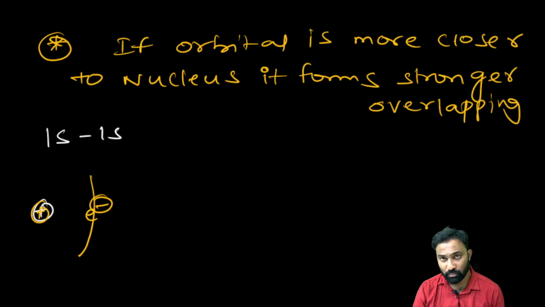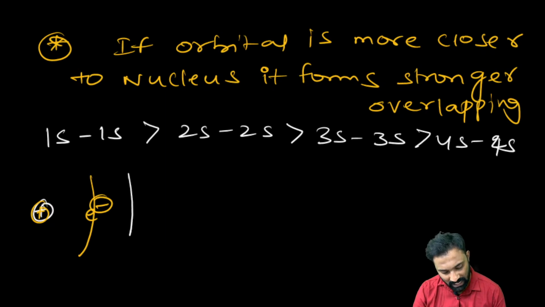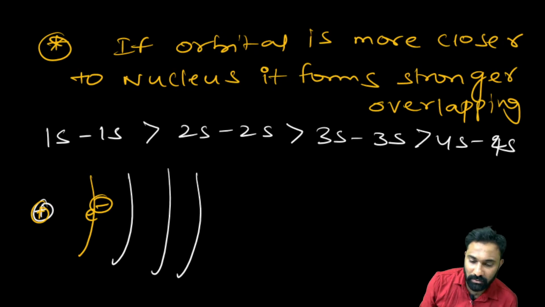The more the attraction, the more stable and stronger the bond formed. So the 1s orbital will form a strong bond, next the 2s orbital, then the 3s, then the 4s. Means as the orbit number increases, the strength of the bond formed becomes weaker.